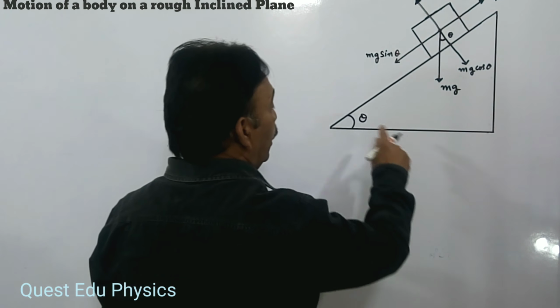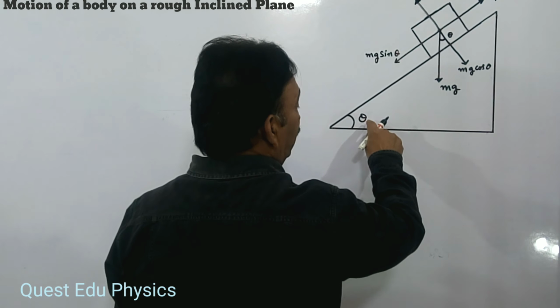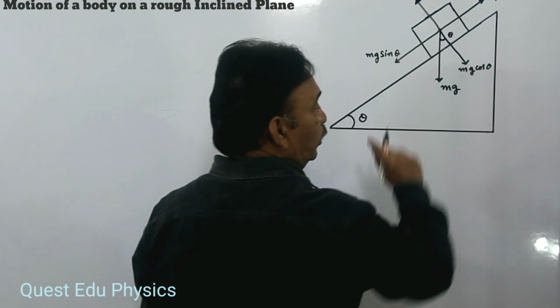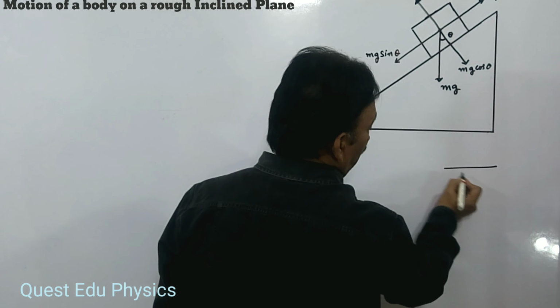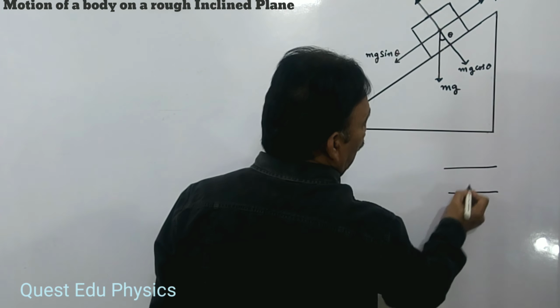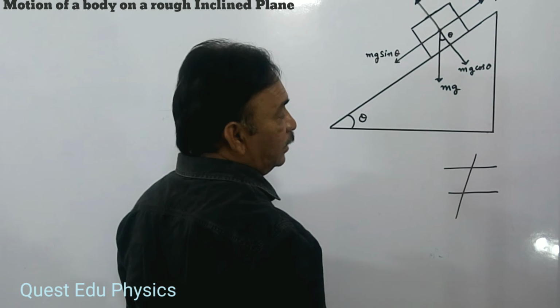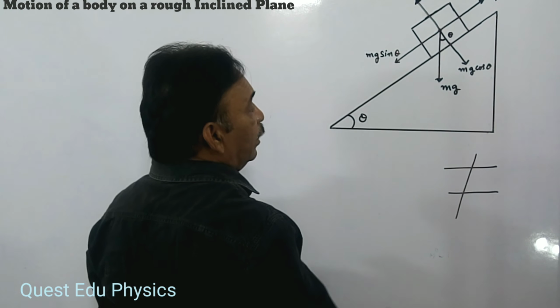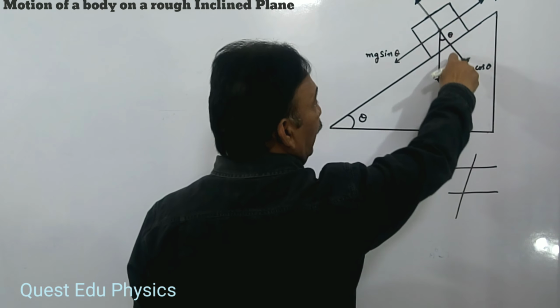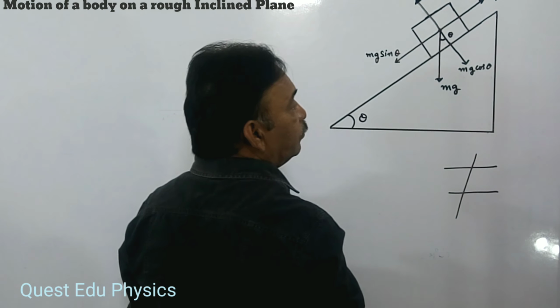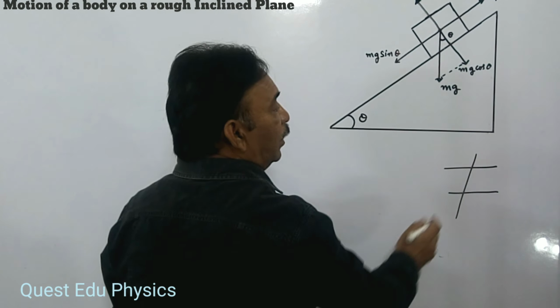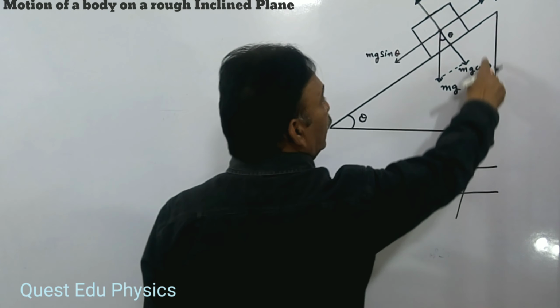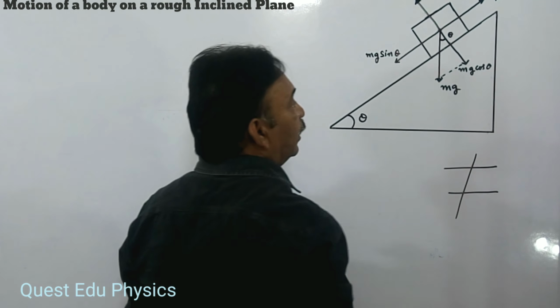Actually, these two are transversal angles, students. You learnt about transversal angles in previous classes. If you construct a triangle here, if one angle is 90, then the other is 90 minus theta.